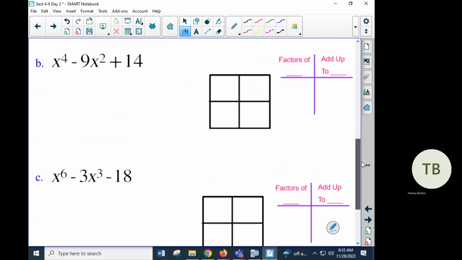Okay. So if we look here, we have x to the fourth here. Then remember that says we have to have x squared here and here. And then we have a 14 here and here. And then they add up to a negative 9. Now, one of the things you have to remember when you're doing this is if you have a minus sign in the middle and a plus sign here with a trinomial, each of these is going to be minus.